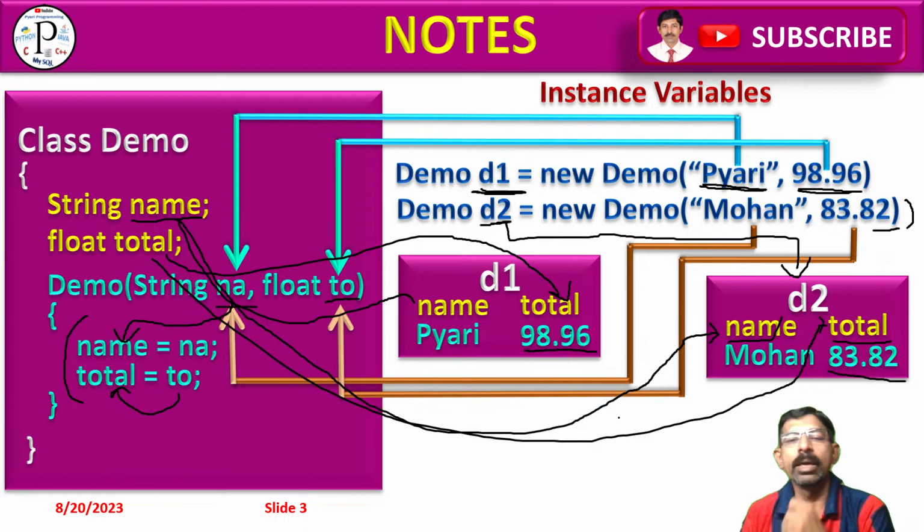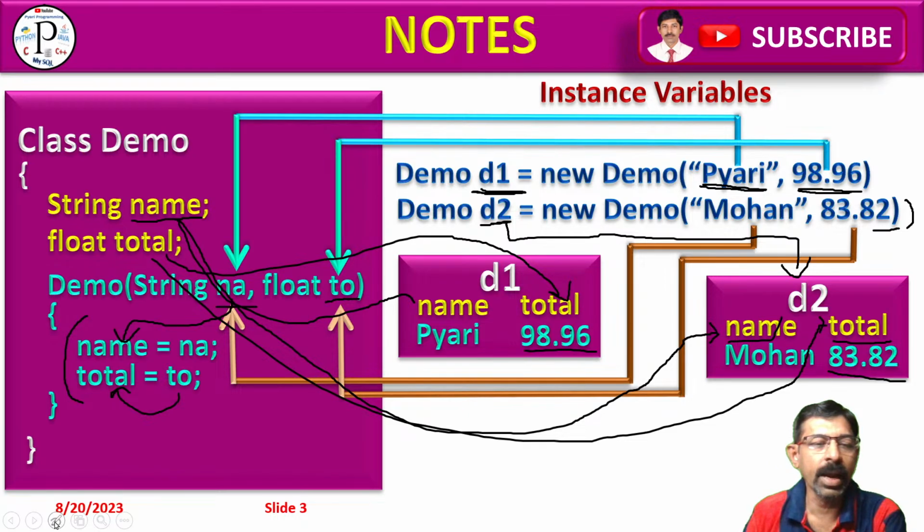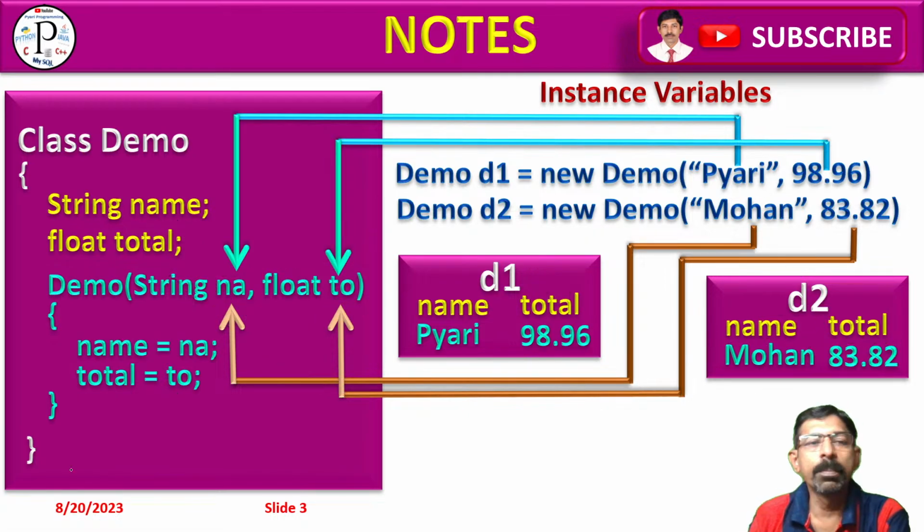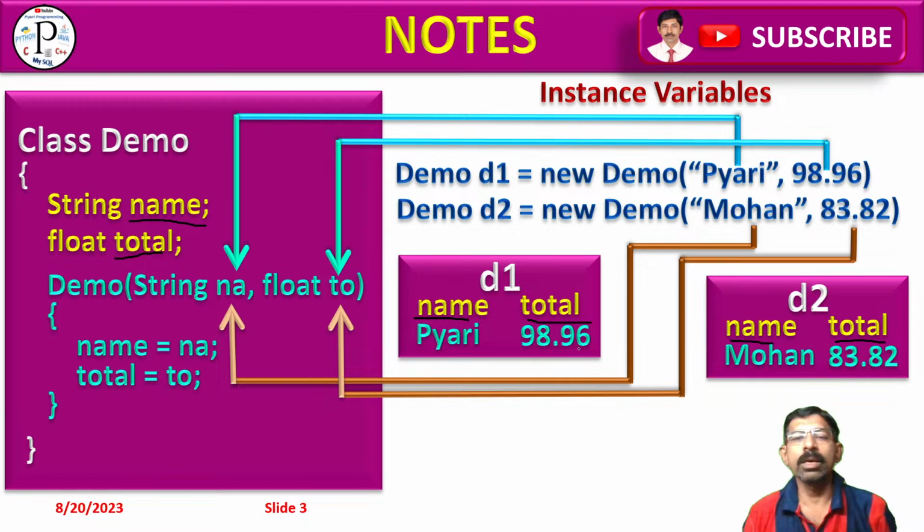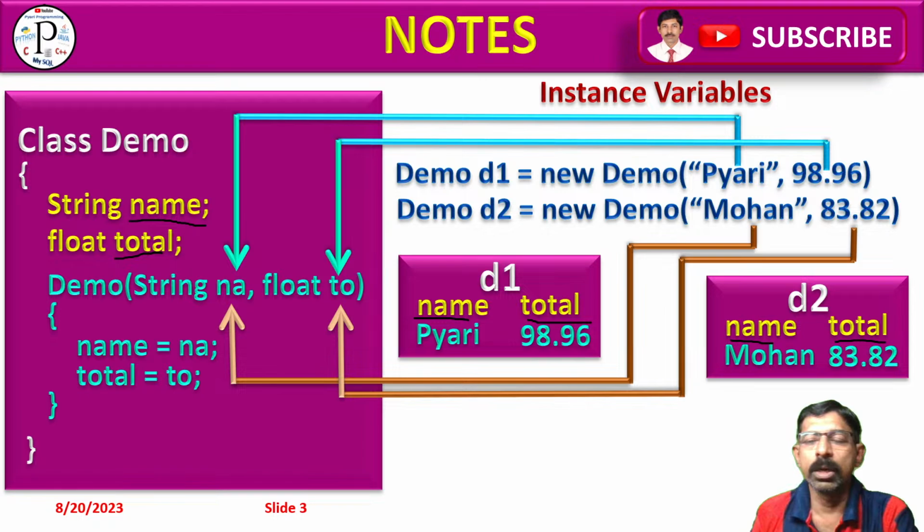So that's why it is always said that non-static instance variables have a separate copy for each object. Hence it is proved. Understood this part?